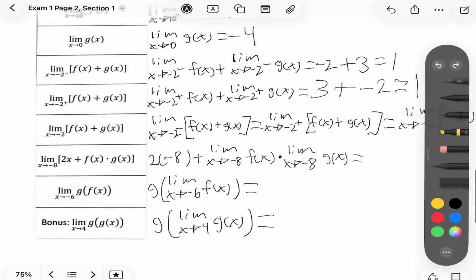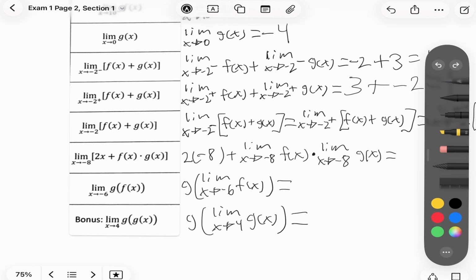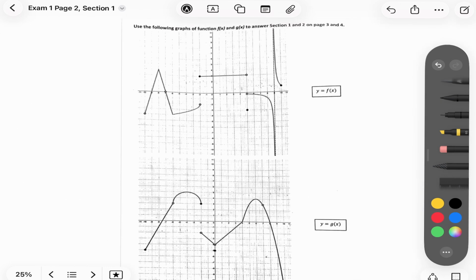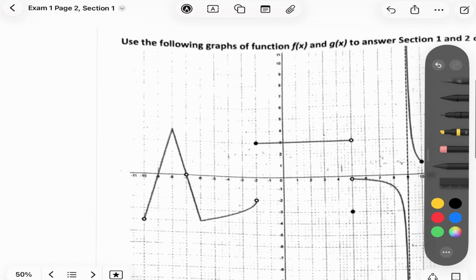Okay, let's move to this problem. You can see I already set it up. Limit x approaching negative 8 of 2x, which means 2 times negative 8. We know that this is negative 16, plus limit x approaching negative 8 for our f of x graph. Let's go to the f of x graph. See negative 8 right here. Left and right, our value would be 4.